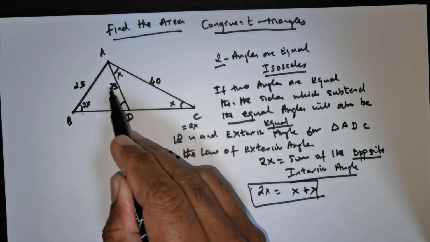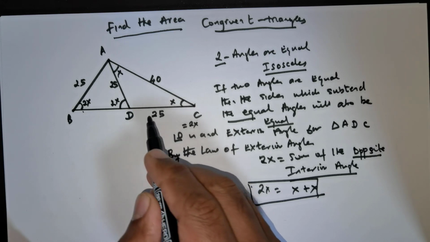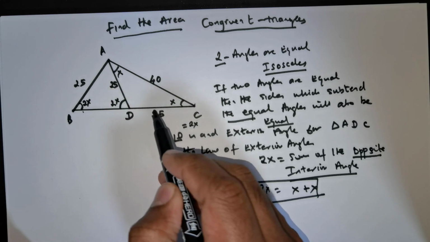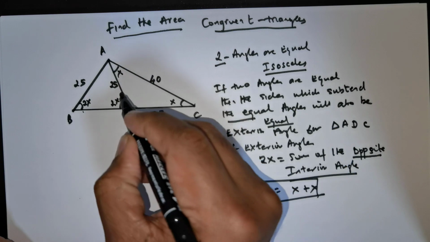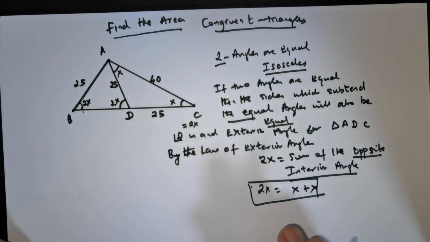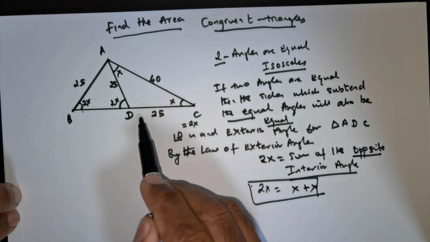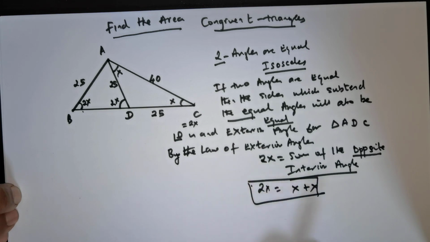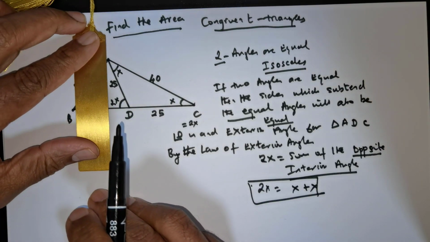So 25 here, and this will also be 25. That's the understanding. You can mark it if you want, but it's clearly visible. Now why did we have to do all of these things? To get this 25. So have that in mind. Next, what I wish to do is draw a perpendicular, right?